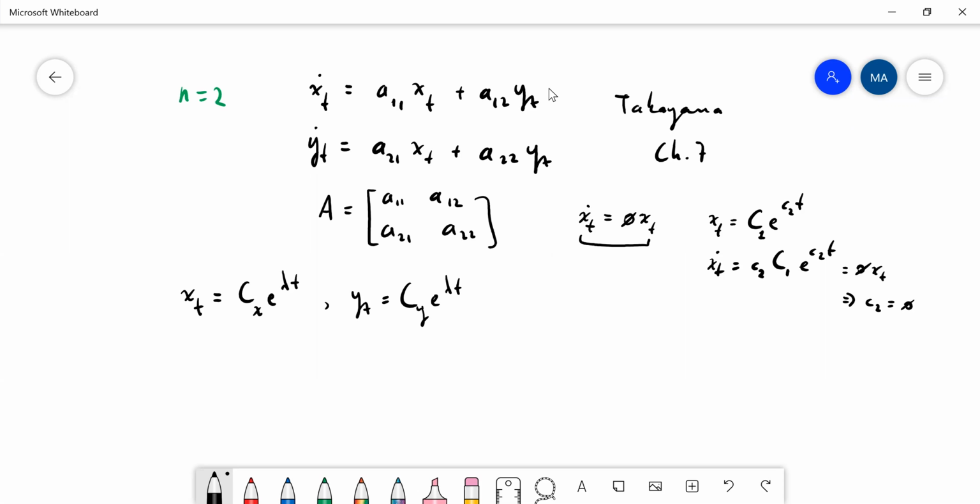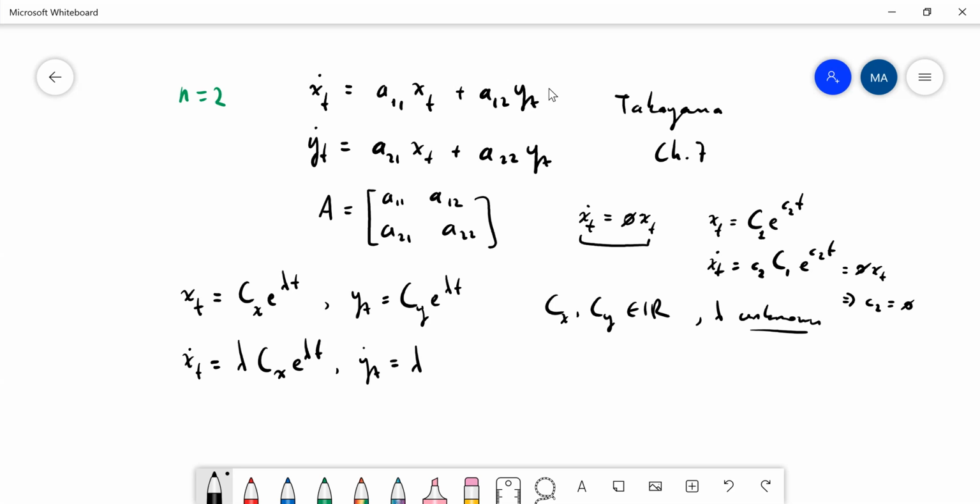In general, cx and cy are any real numbers, by the way, and lambda is also unknown. So now if these are true, then I have x dot equals lambda cx e to the lambda t, and y dot equals lambda cy e to the lambda t.